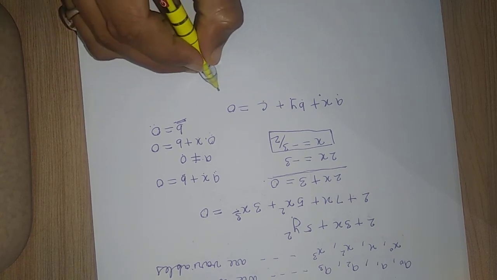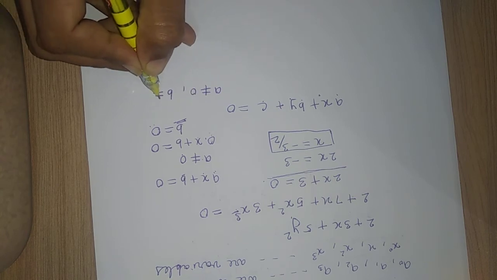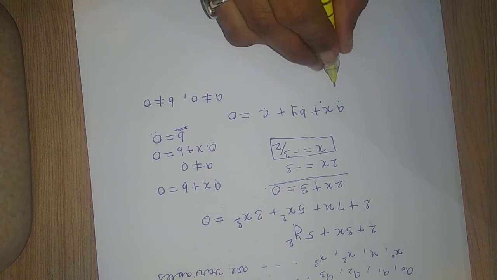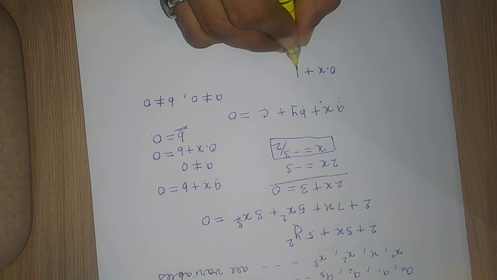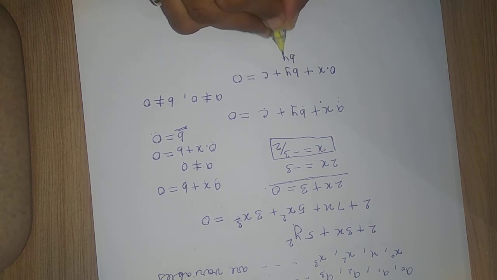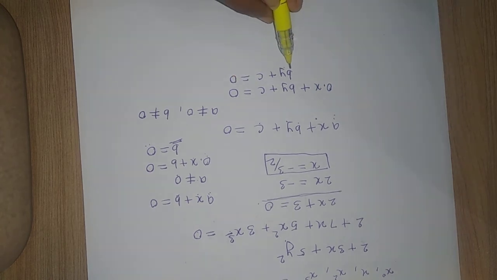So again condition is a is not equal to 0 and b is not equal to 0, because if we put a is equal to 0, यदि यहाँ हम a की वैल्यू 0 रखते हैं तो ये हो जाएगा 0x plus by plus c is equal to 0, means by plus c is equal to 0. This is linear equation in one variable.